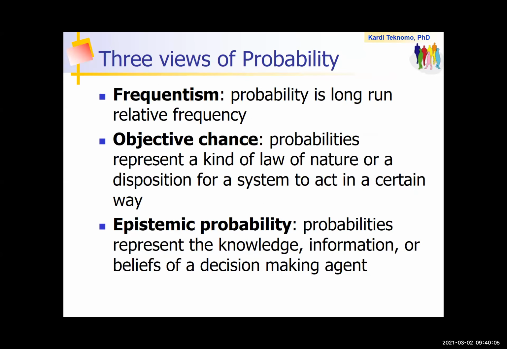There are three kinds of views about probability. One is based on frequency. Probability is basically a long run relative frequency. So you can get the data as a sample, and then you divide by the total number of samples. Each of these is called a probability.